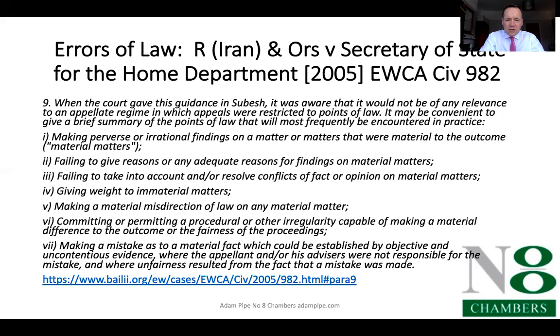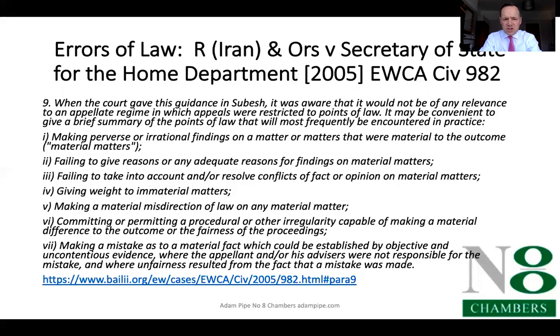Failing to take into account or resolve conflicts of fact or opinion on material matters. So if they haven't dealt with certain issues, if there was expert opinion on certain matters that they haven't dealt with, or if there's stuff they just haven't taken account of that was material to the outcome of the case.